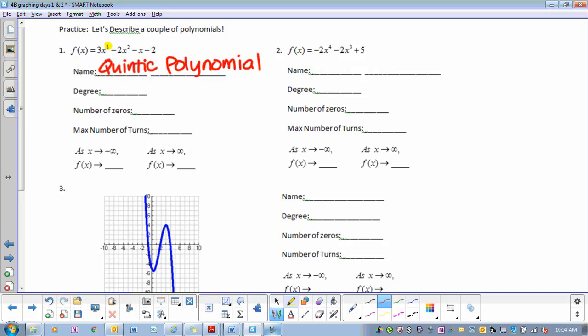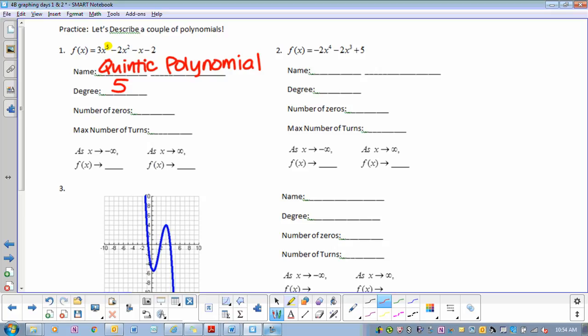What is the degree here? What is degree again? Check on the first page. I don't expect you guys to. Degree is the same as your what? Your highest exponent, which is? 5.